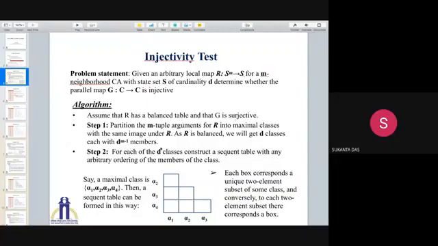I shall explain this algorithm by giving an example. First, you partition the rule table into maximal classes with the same image under R. What I'm saying is, suppose R of one tuple is 0, and for another tuple, R of that tuple is again 0.